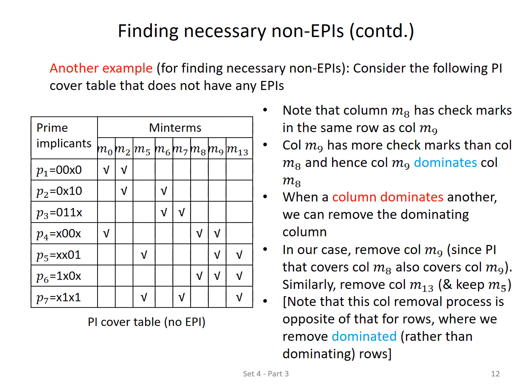Unlike row dominance that we saw previously, when there is column dominance, we remove the dominating column. That means in this case, we'll be removing column 9. Similarly, we'll be removing column 13, which dominates column 5.